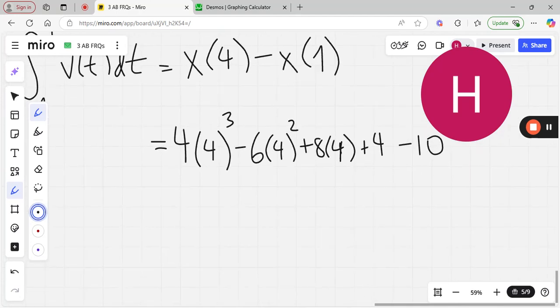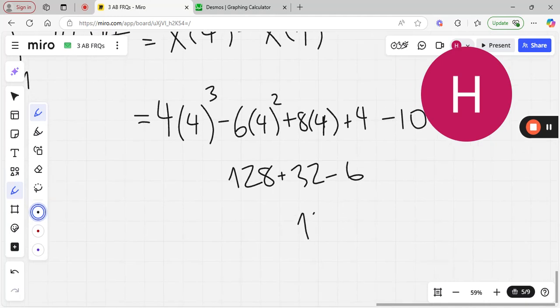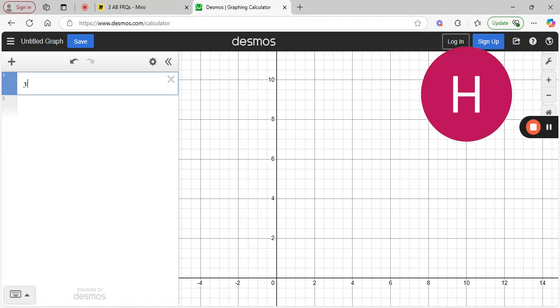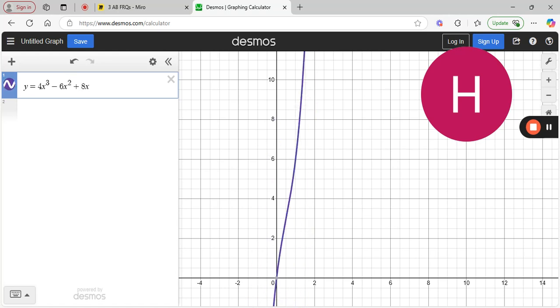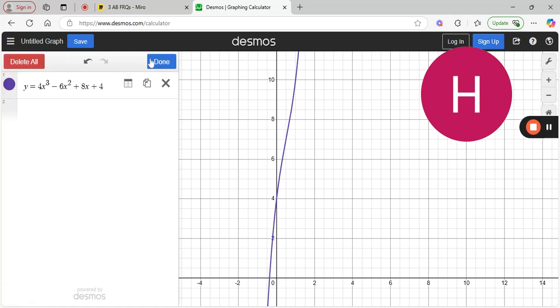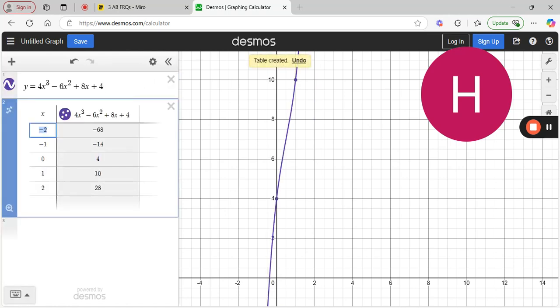So, I guess it is a little bit of work in it. Well, let's see. This should just be 128 plus 32 minus 6. I believe it should just be 154. I mean, we can check this on Desmos, of course. Let's plug this in. So if we have 4x cubed minus 6x squared plus 8x plus 4, and we turn this into a table, we can simply plug in 4. 196.